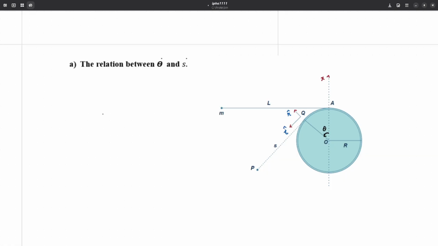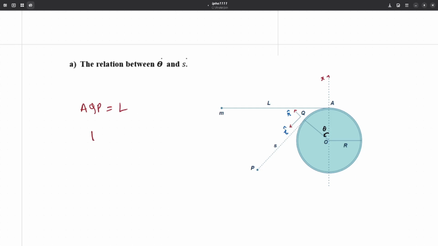We are asked to find the relationship between the angular velocity theta dot and the velocity s dot. We know that the total length of the string is L, and we can write L in terms of theta and s such that AQP is equal to L, which is a constant.